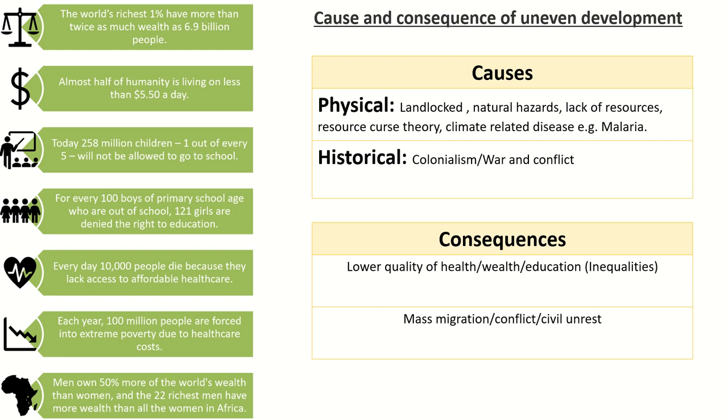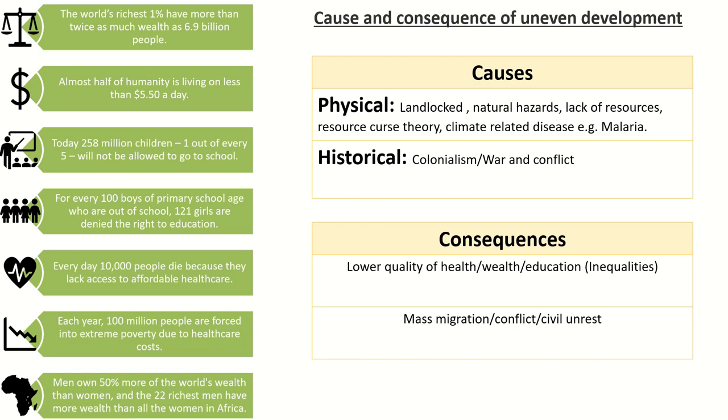But it's not just that impacts people, it can trigger mass migration and brain drain. Think about if you're in a country where you are significantly less healthy, less wealthy, less educated, you might do everything you can to get out of that country. And so mass migration occurs. We can have conflict or civil unrest where people are not happy with their standard of life. And so they turn on the government in addition to that as well. So there's our cause and consequences of uneven development.